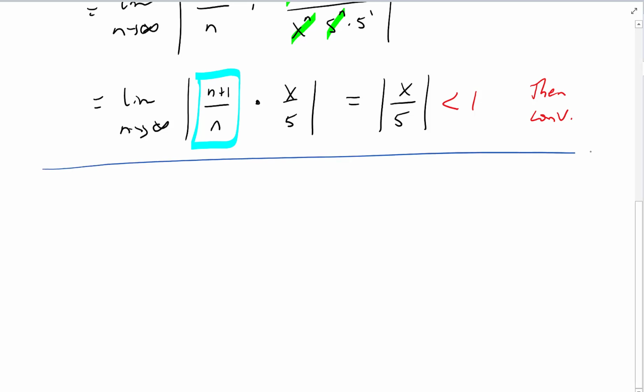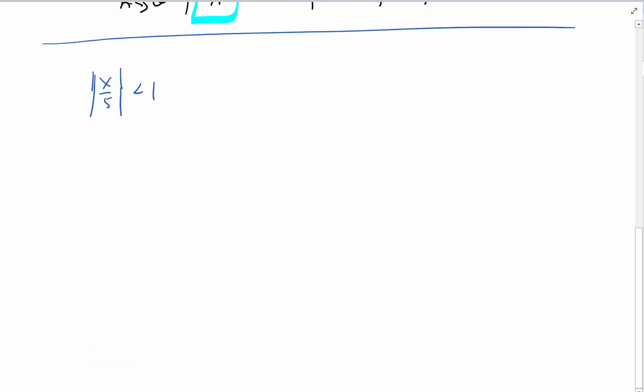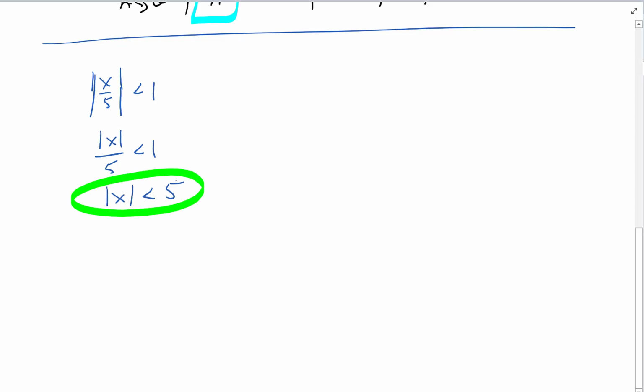So I look at this and say, okay, the absolute value of x over 5 less than 1. That's basically saying absolute value of x over 5 is less than 1, or the absolute value of x is less than 5. At this point, we should recognize that looks basically like the absolute value of x minus a less than r. So this tells me that my radius of convergence is equal to 5.